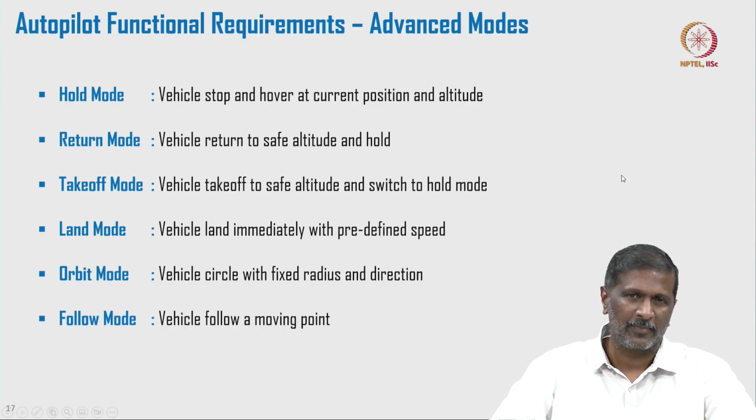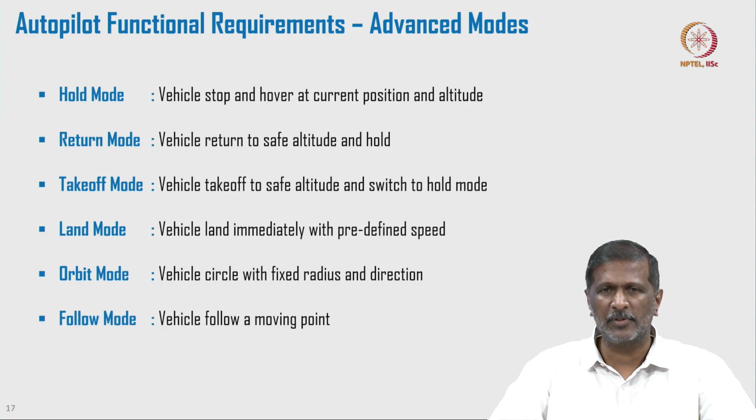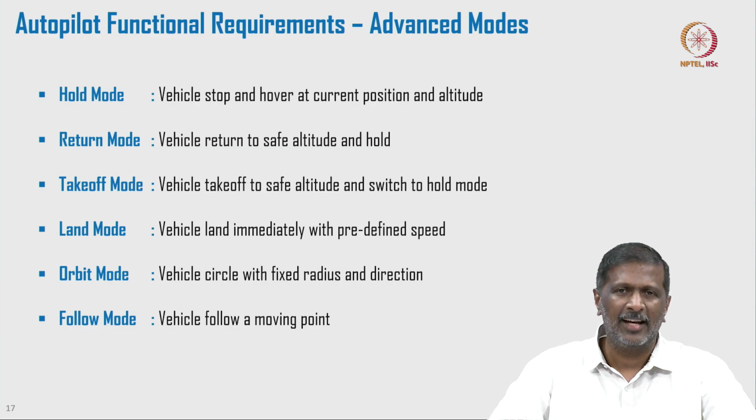Follow mode: you can have a transmitter which keeps sending its position, and that position will be followed by the drone automatically. If you are looking at a convoy protection kind of scenario, the convoy is moving at a specific speed and location, it transmits the speed and location automatically to the drone and the drone can just follow those positions automatically.